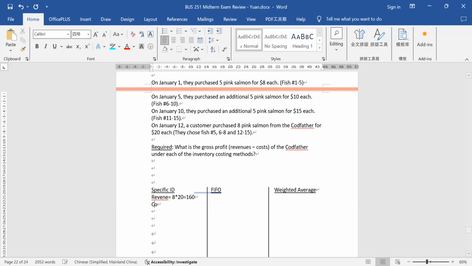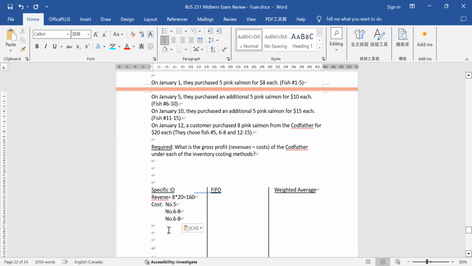And the cost. This is the different and tricky part. So for the cost, they choose number 5. And they choose number 6 to 8. And what else they choose?